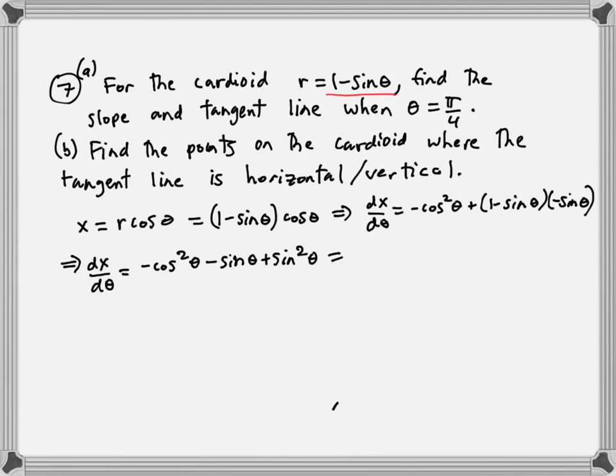Because I have a cosine squared theta, I know cosine squared theta is 1 minus sine squared, so that means this is sine squared theta minus 1. And so here's what we end up with: 2 sine squared theta minus sine theta minus 1. So I'm going to leave it like that.